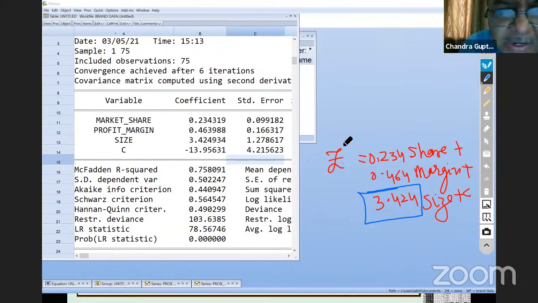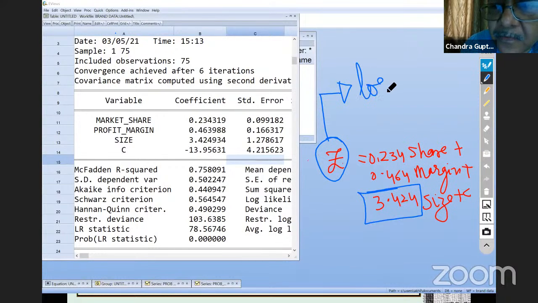If you remember, in the logit model, Z is nothing but the log of odds ratio.